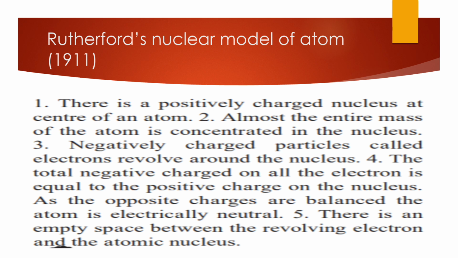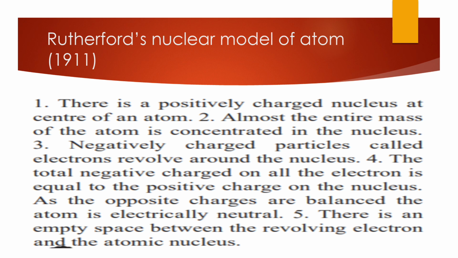Almost the entire mass of the atom is concentrated in the nucleus. The negatively charged particles called electrons revolve around the nucleus. So around the nucleus these electrons are continuously moving. The total negative charge on all the electrons is equal to the positive charge on the nucleus. As the opposite charges are balanced, the atom is electrically neutral.